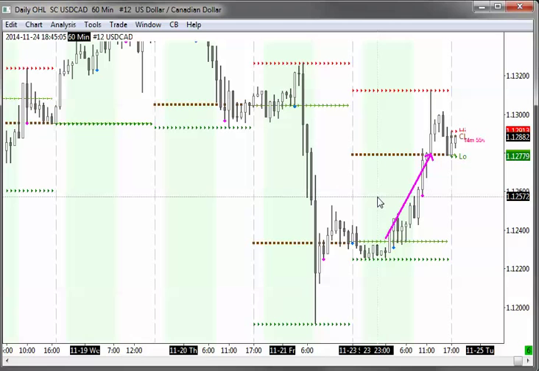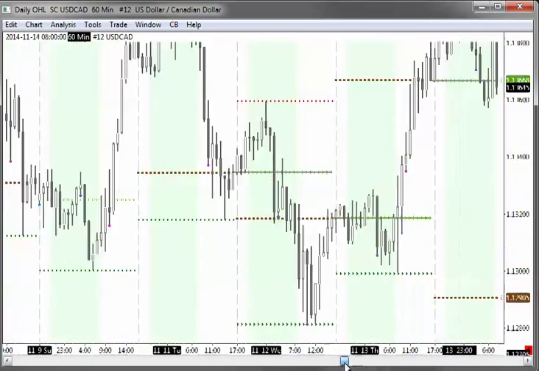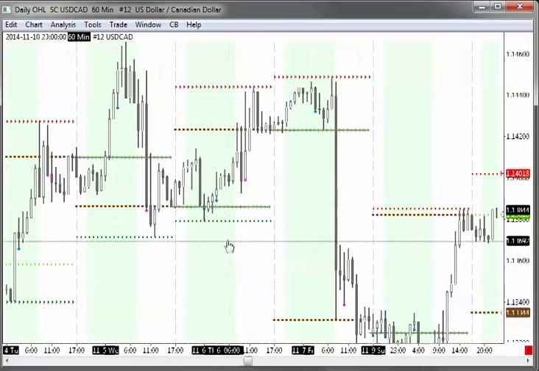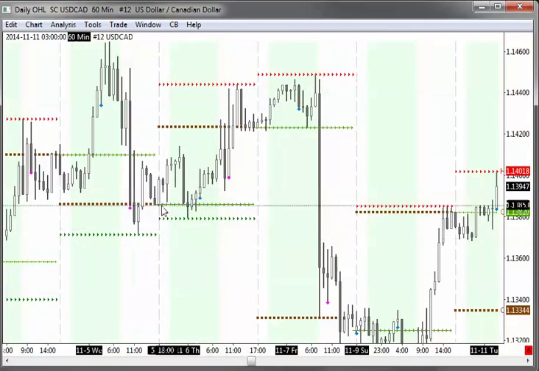So I think the point that I'm trying to make here is study the open. The open can be a great reference, and once it chooses the side of the open it wants to be on, then look for it to run that way. I don't want to carry this video on, but I'm just going to scroll back to some random date here and look at what I just said. So here we go. We open right here, and then we chose the side. It wanted to trade above it.